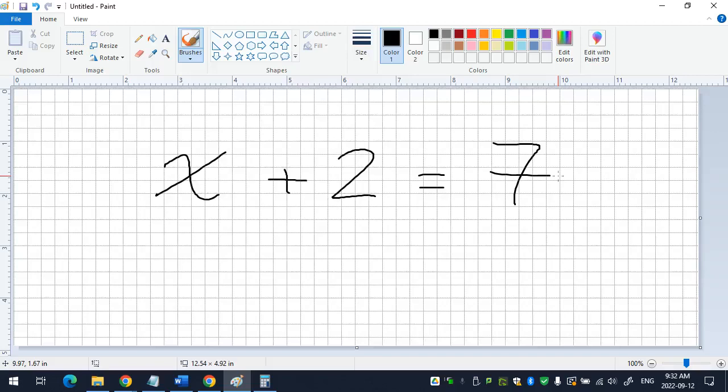So you make sure that this one migrates to the other side. But what's the price of change? The price of crossing the equal sign is always what? What happens to the sign? It flips. Positive becomes minus. If this was a minus and you move it, what does it then become?